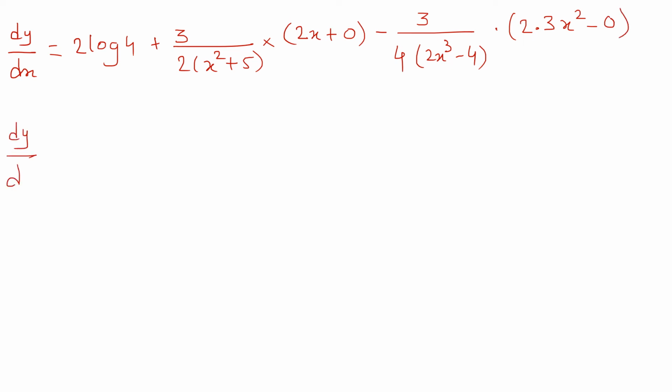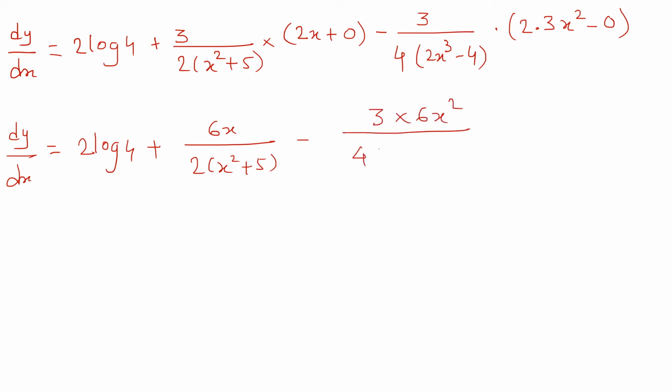Further, dy by dx can be written as 2 log 4 plus 6x upon 2 into x square plus 5 minus 3 into 6x square upon 4 into 2x cube minus 4.